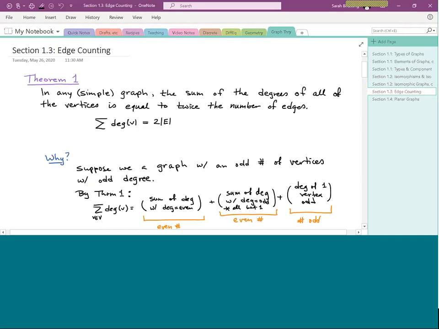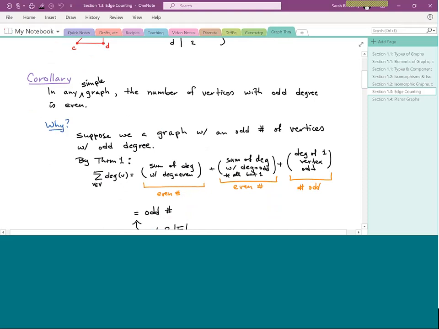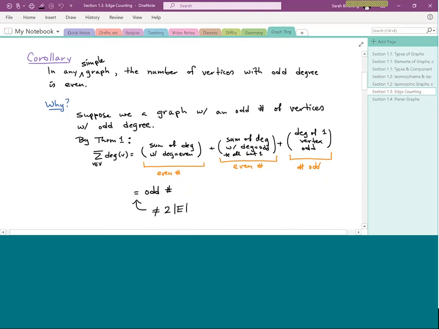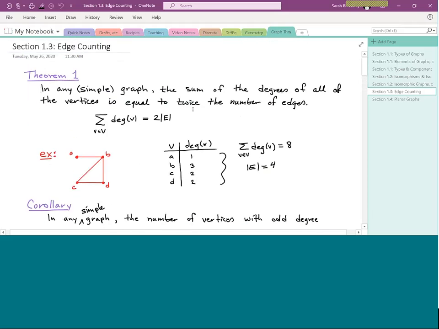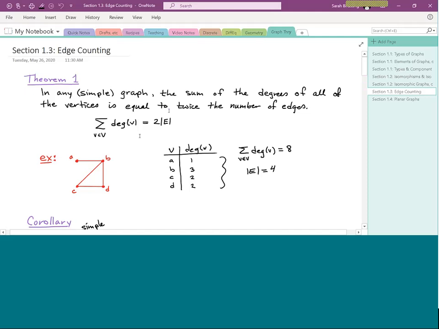Now, we also had a corollary to that theorem, and that corollary was what we ended on last time, and it said if you're in a graph, specifically again, a simple graph, so no directed edges, no multi-edges, the number of vertices with odd degree is even. This is exactly a result of this thing right here. So if you add up all of your degrees, what has to happen? You have to have an even number.